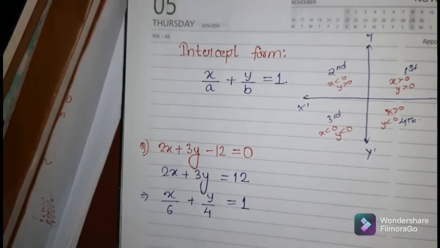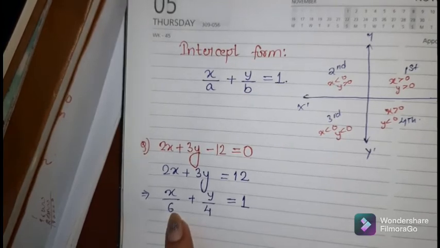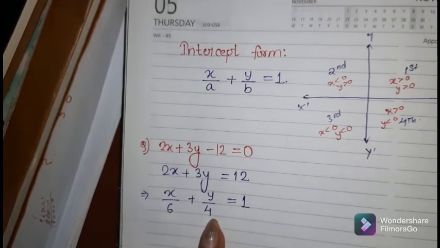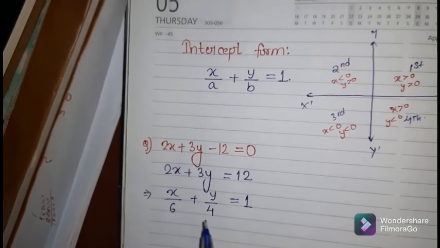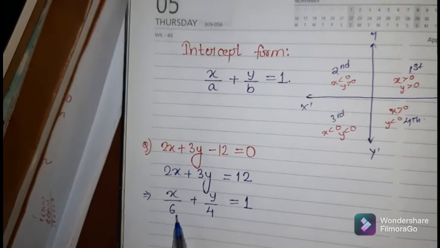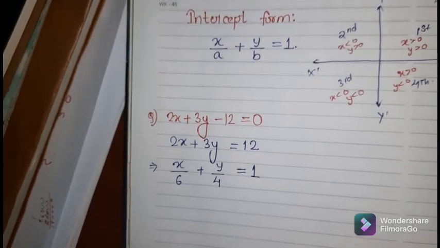So this is the line which makes an intercept of 6 units on the positive part of the x-axis, and 4 on the positive part of the y-axis. How do we know that 6 is an intercept on the positive side of the x-axis?